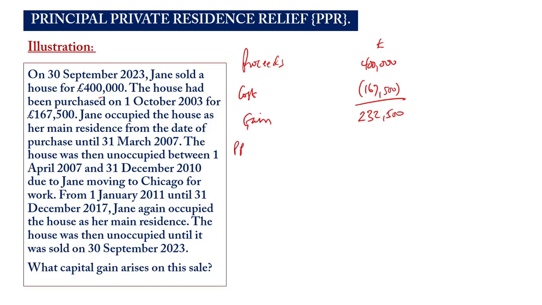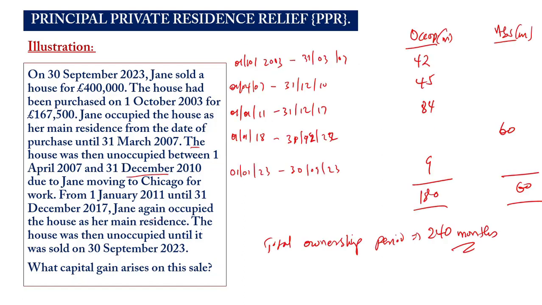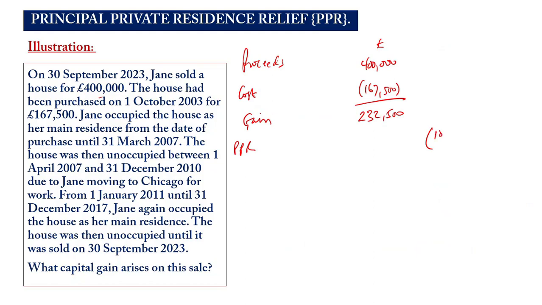Then we charge a PPR from it, which is going to be 180 was occupied. So it's going to be the 180 occupied less the 240 times the 232,500. That will give us 174,375.